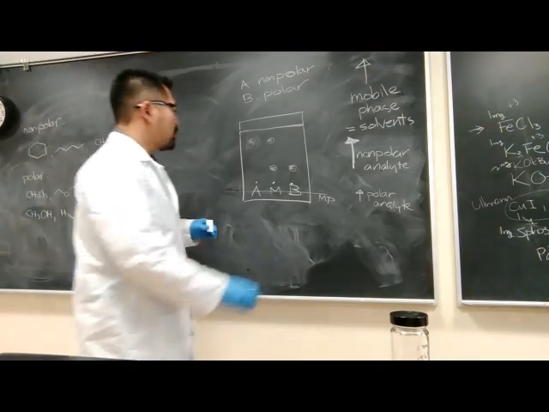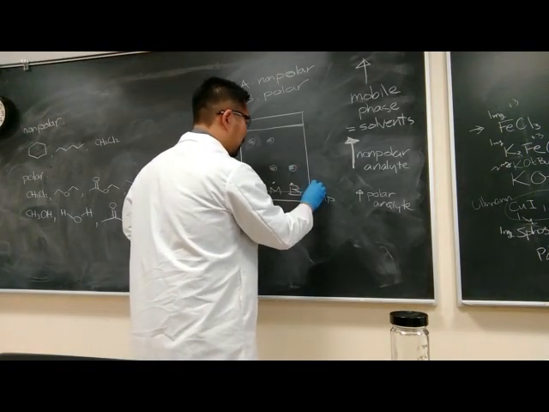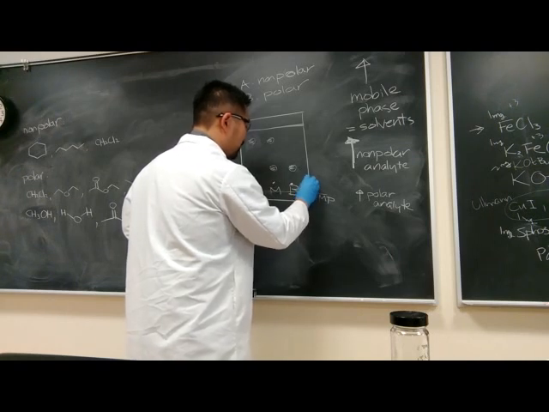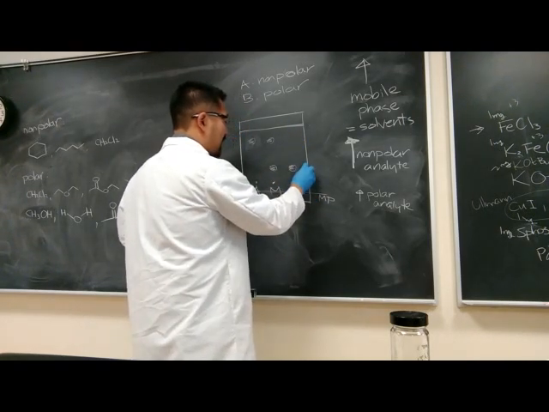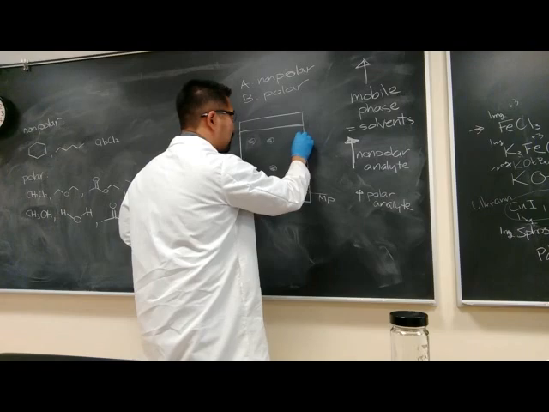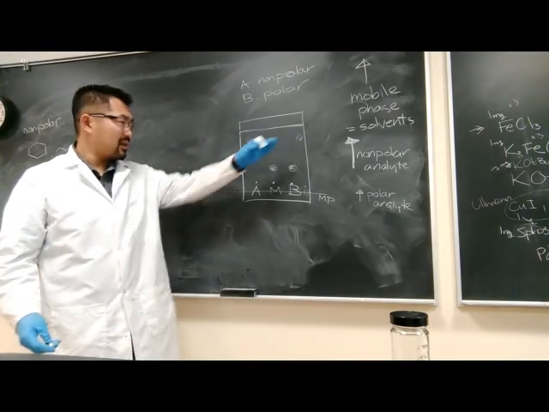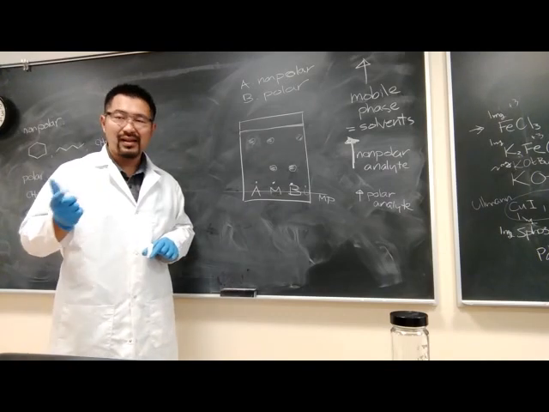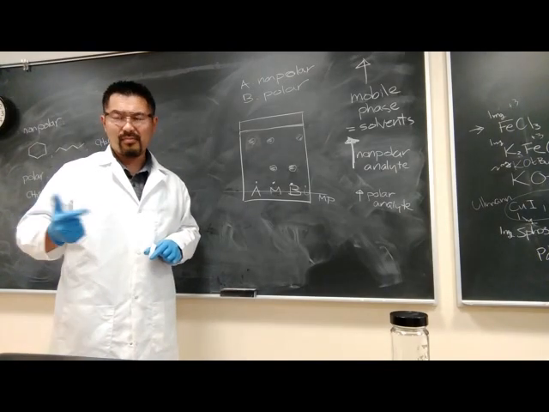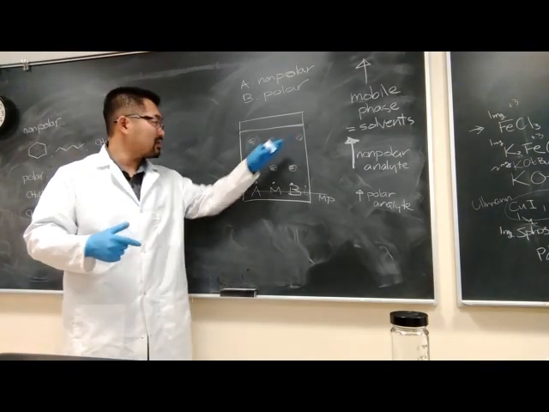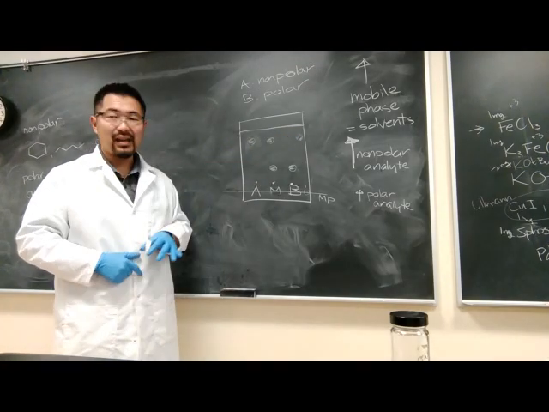Now if we had another lane for an unknown, and let's say the unknown sample traveled to this height, then you would know that that unknown sample's identity must be sample A, rather than B, because it traveled as much as A did.